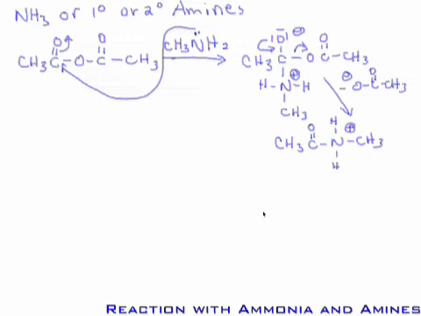Now, because amine is relatively cheap and a powerful base, you can use two amines in this reaction. The second amine comes in. If you use two equivalents of methylamine, it grabs a proton and goes off as a methylammonium cation.